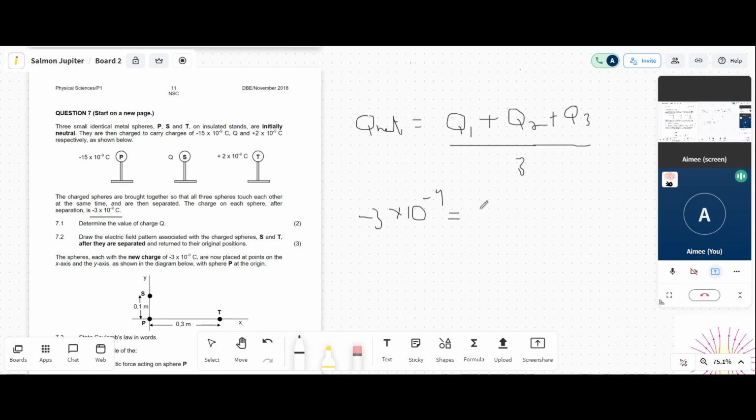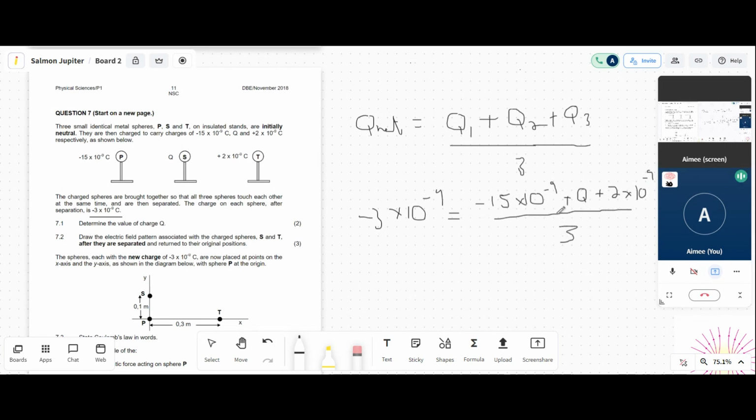So we go -15 times 10 to the power of -9 plus Q plus 2 times 10 to the -9 divided by 3.